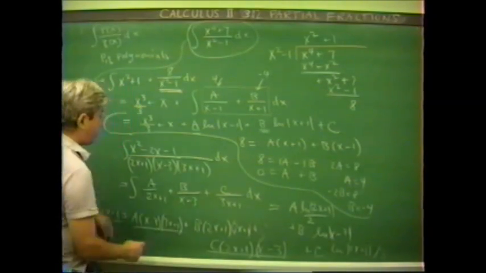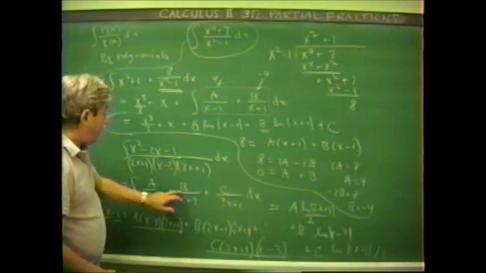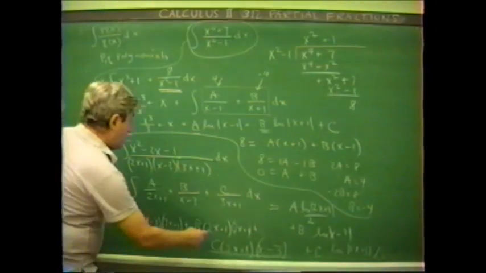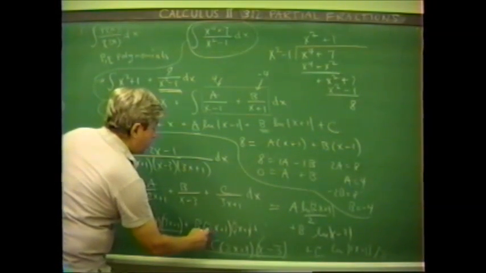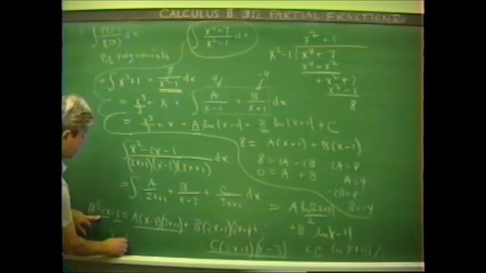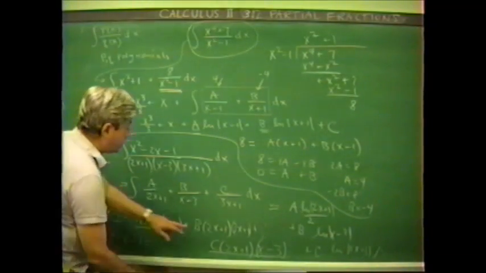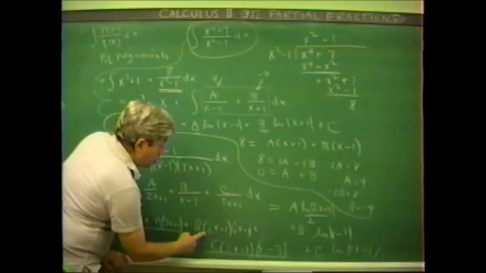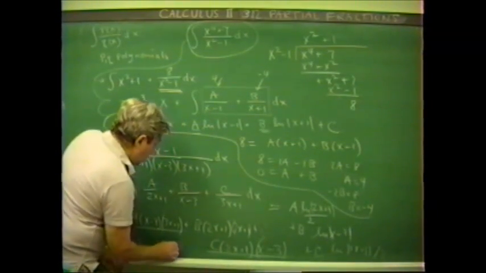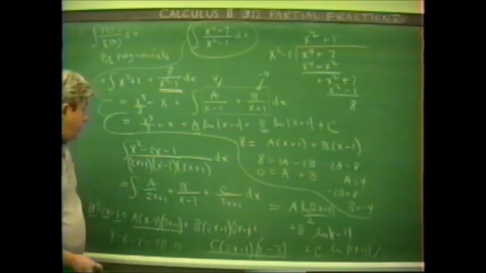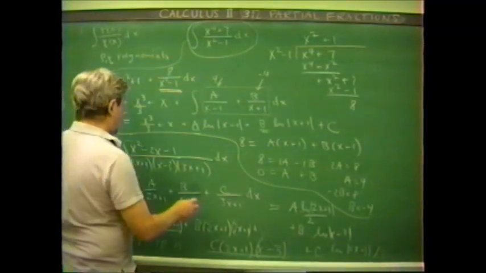So when x is equal to 3, we get x squared, which is 9, minus 6 minus 1, will be equal to 7b times 10. So 9 minus 6 is 3, minus 1 is 2, is 70b. b is 2 over 70.